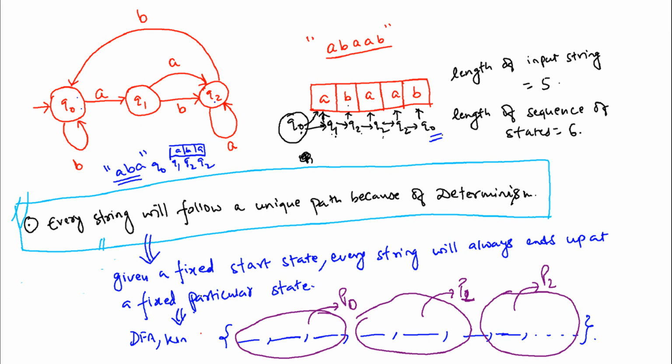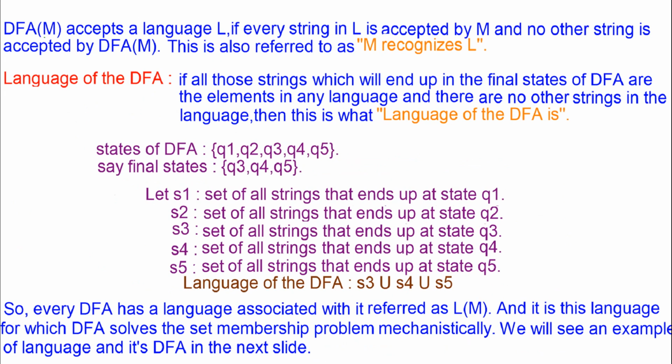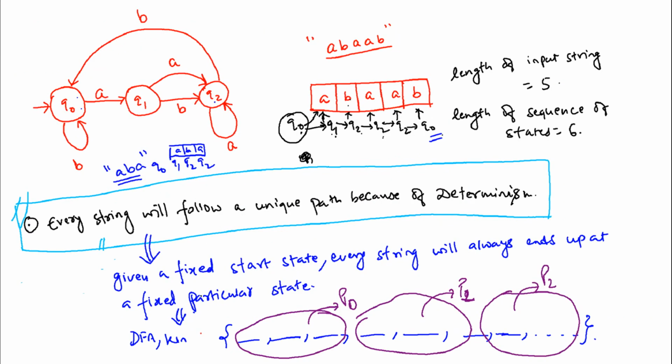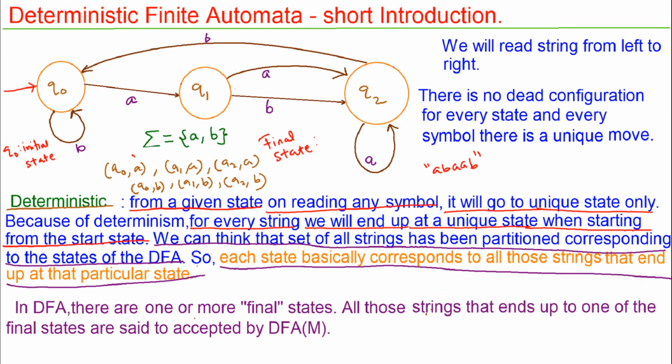P0 corresponds to all those strings that will always end up at Q0. P1 corresponds to all those strings that will always end up at Q1. P2 corresponds to all those strings that will always end up at Q2. Now there is another thing called a string accepted by a DFA and the language accepted by a DFA.